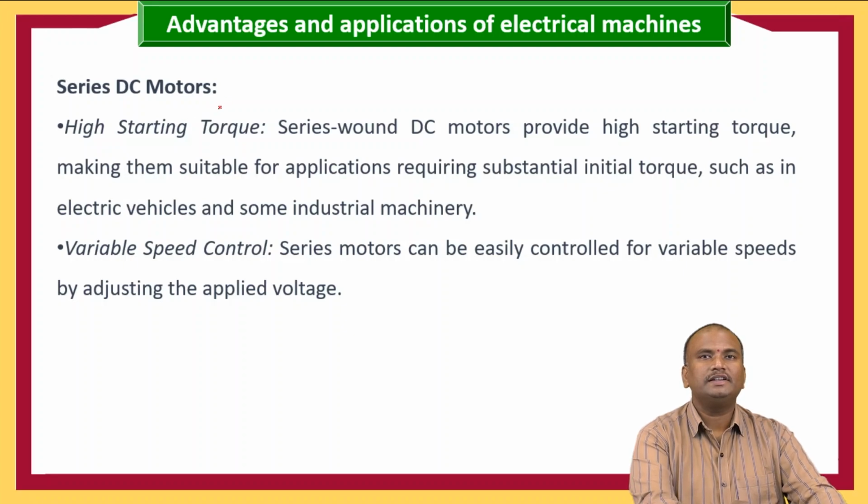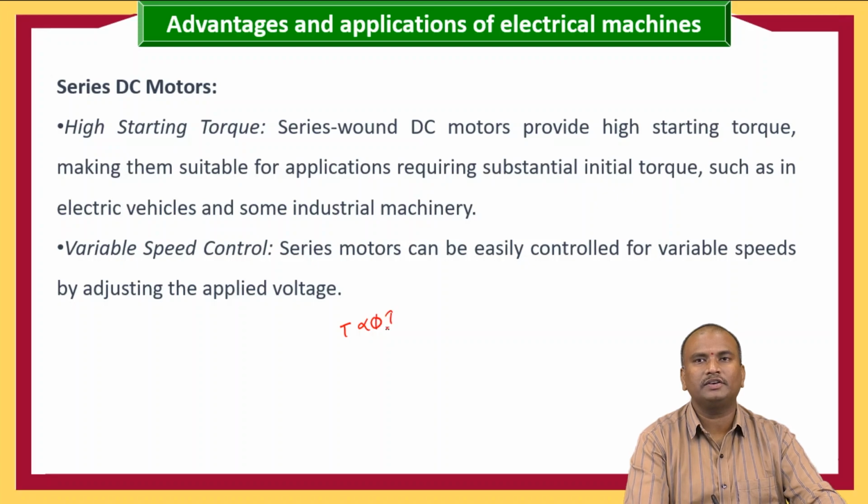And the series DC motor. Here the series motor has a field flux which is proportional to the armature current. So when the field flux is proportional to the armature current, the torque, which is proportional to flux times Ia, becomes proportional to Ia square, because flux is also proportional to Ia.